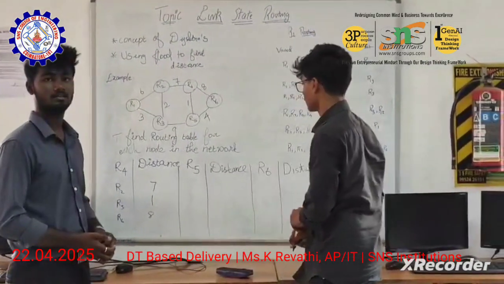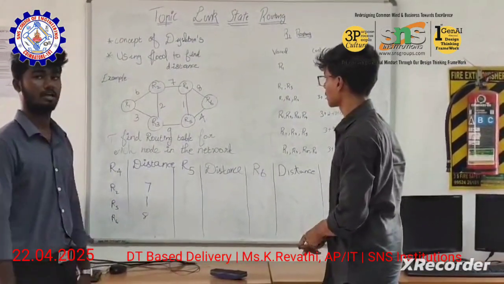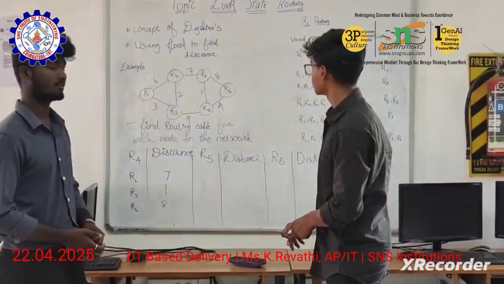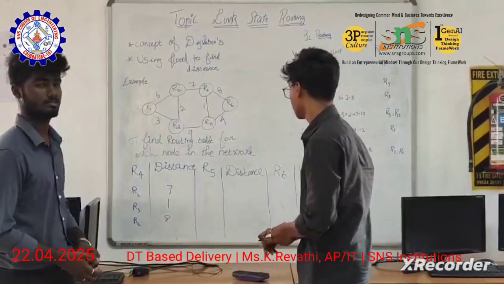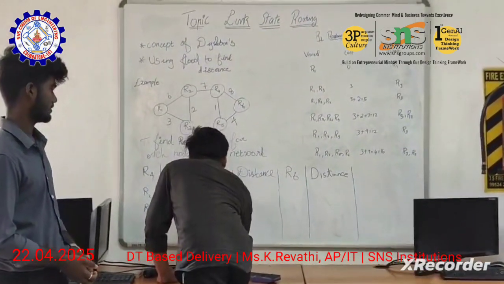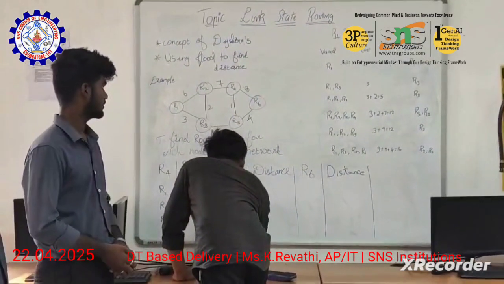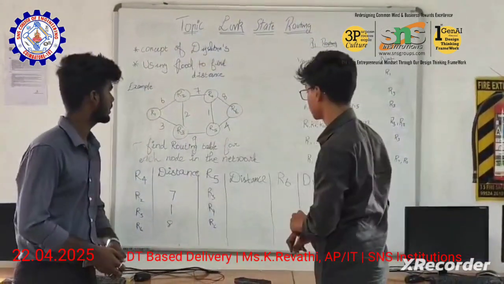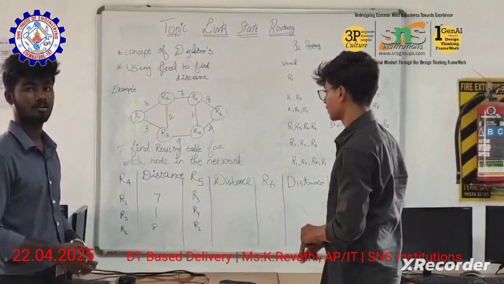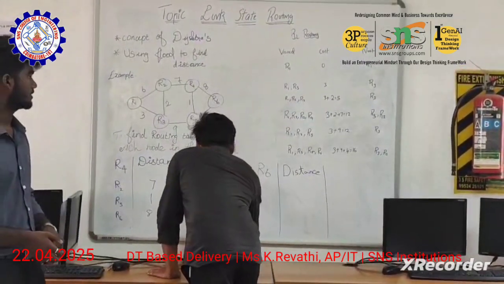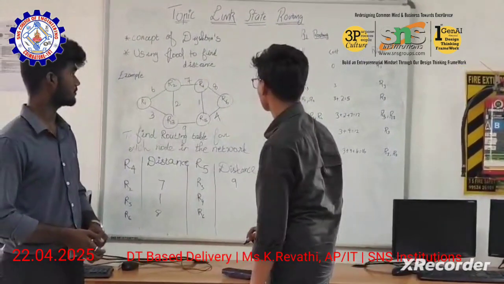Now let's take the root node as R5. The adjacents of R5 are R1, R3, R4 and R6. The distance between R5 and R3 is 9. The distance between R5 and R4 is 1.